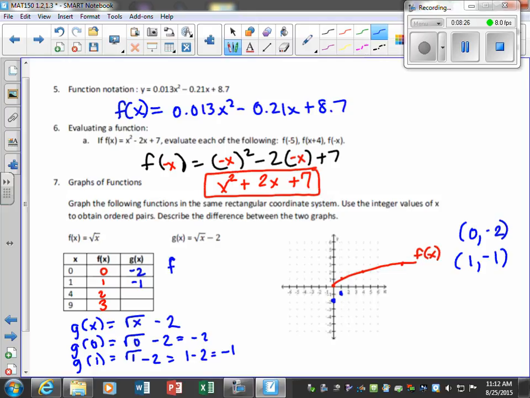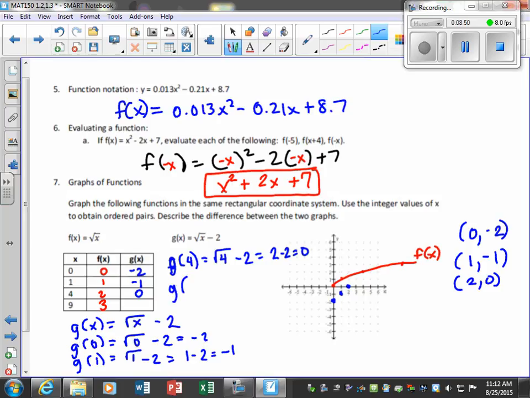So evaluate g at 4 is next. So we have square root of 4 minus 2. That's just going to be the square root of 4 is equal to 2. And then when we subtract 2, we get 0. So it's the ordered pair 4, 0.